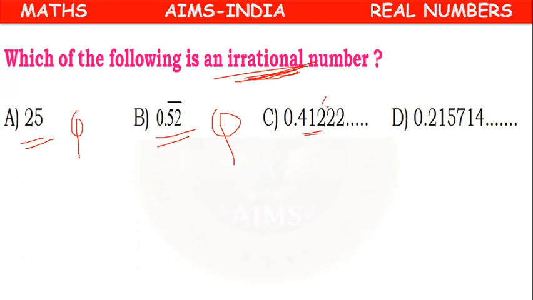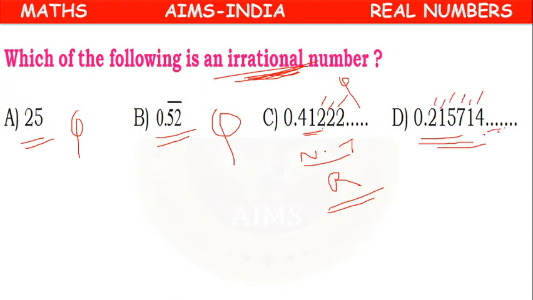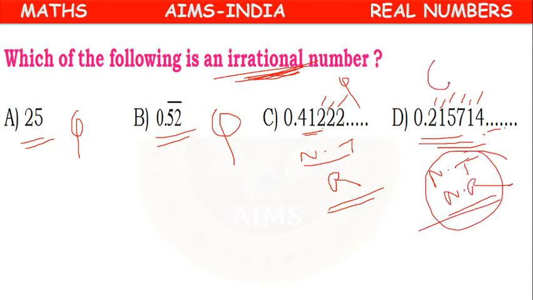After that 2 2 2 repeating, means not terminating but repeating decimal. So it is also a rational number. So if you observe the fourth one, 2 1 5 7 1 4 and so on. Non terminating, non repeating. So this is an example of an irrational number, Q dash. So D option is the correct answer.